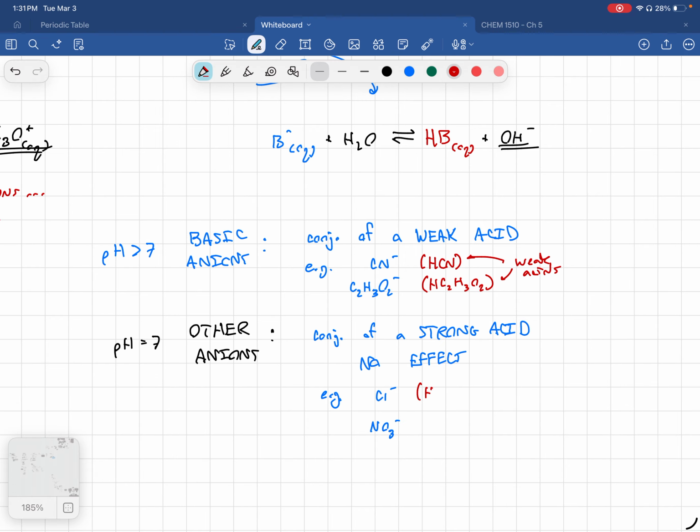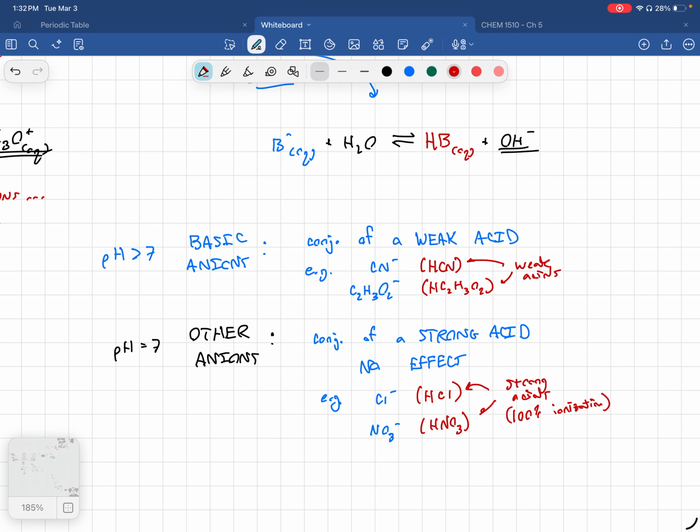Cl minus is the conjugate base of HCl, and NO3 minus is the conjugate base of HNO3, and these are both strong acids. And remember, strong acids undergo approximately 100% ionization, and that means that these are effectively 0% ionization, and thus do not affect the pH.